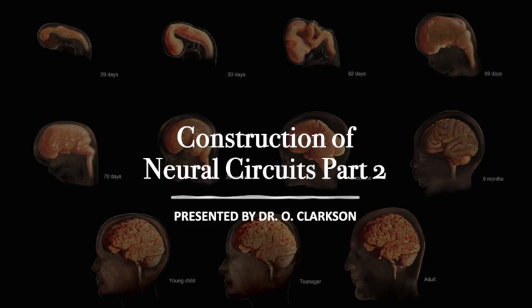So the cells on the temporal side of the retina are going to remain ipsilateral, versus the cells in the nasal region of the retina, which are going to cross over and become contralateral. So you have different migratory patterns for the neurons, and they're going to be dictated by things like growth factors, etc.